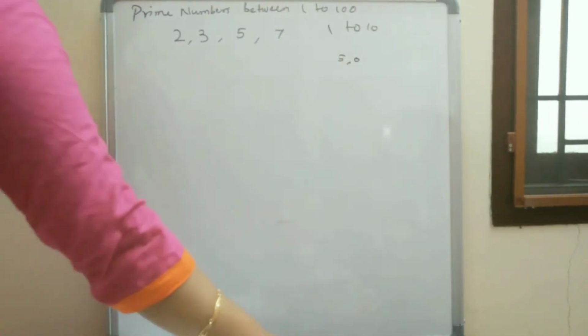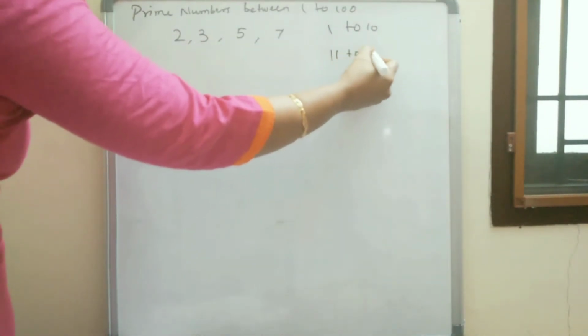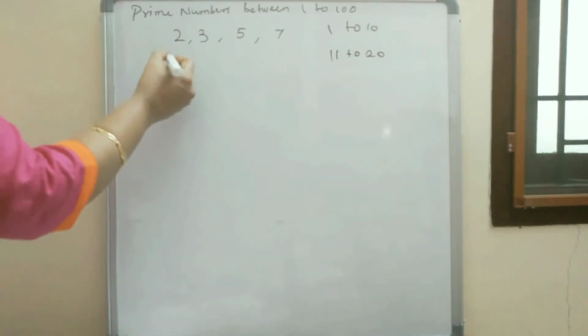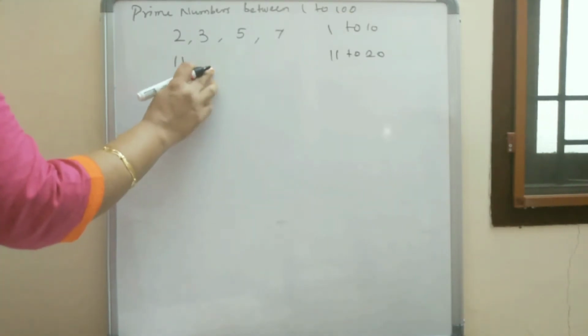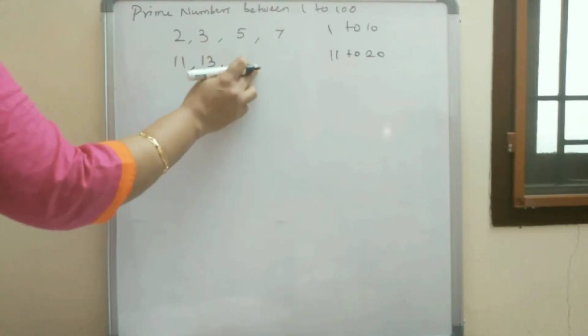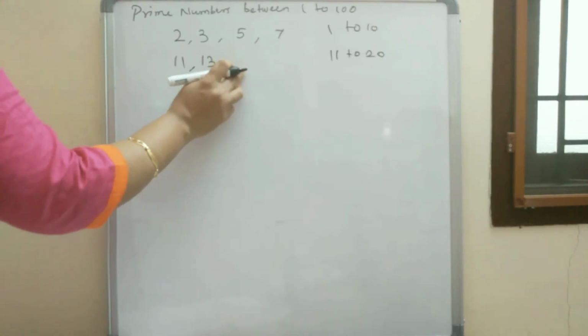Now we will write from 11 to 20. What are all the possible prime numbers we will write? First 11. 12 is an even number, so we need not write it. 13. 14 is an even number. 15 is divisible by 5, so we need not consider it.